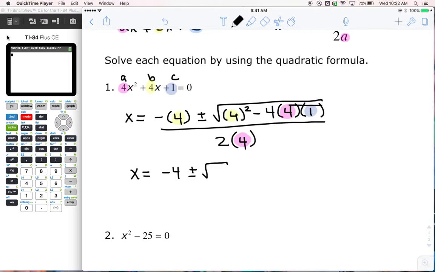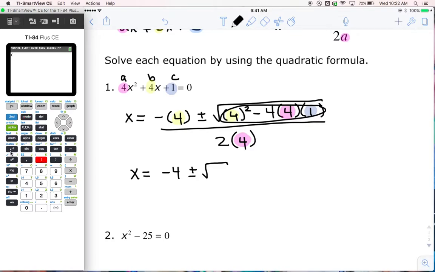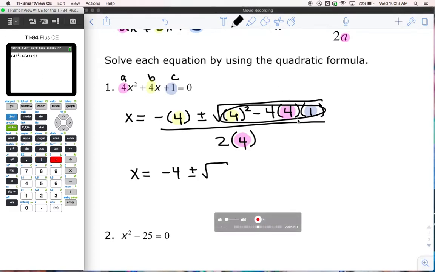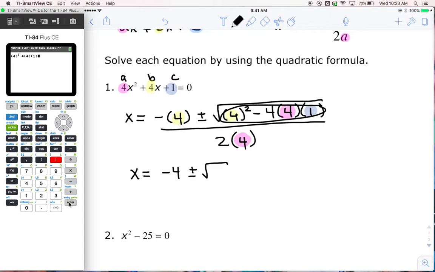So I'm going to type this right here in my calculator. I want to know what number is under the square root. So I'm going to type in, just like I see it, 4 parentheses squared minus 4, that was part of the formula, and then another 4, and then the number 1. And all this right here is what I see under the square root. All right, so let's press enter, and I get 0. All right, so 0.